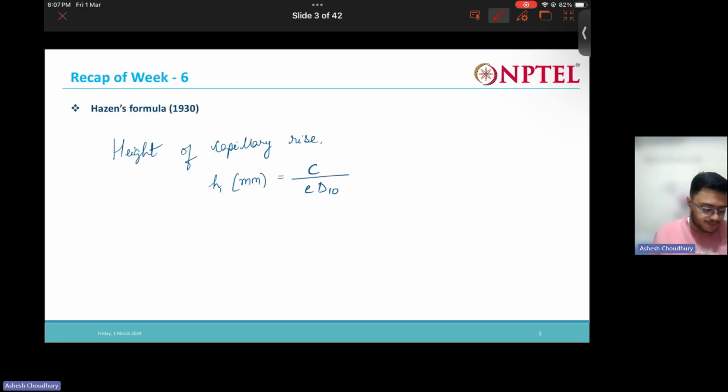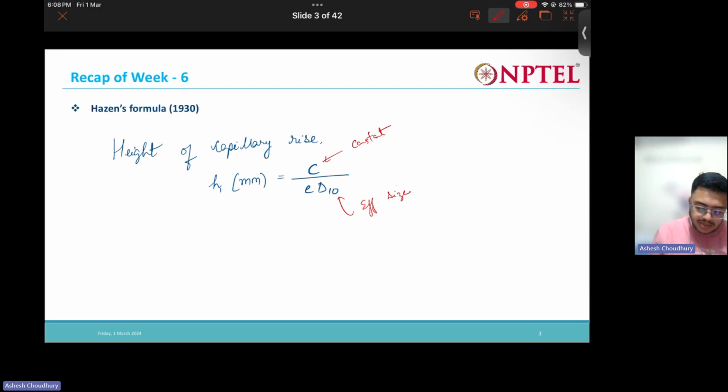Now in soil, the capillary rise is actually given by Hazen's formula. Hazen, after conducting various experiments, gives this relation where the capillary rise is given by C by e d10, where C is a constant, d10 is nothing but the effective size.